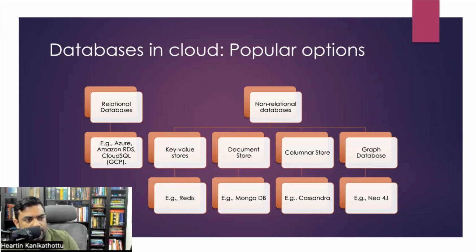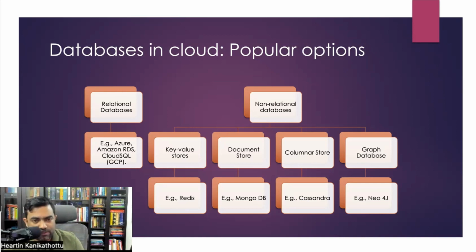In relational, attributes are generally represented by columns, right? So you cannot have different attributes for different rows or items. But with a document store, you can have different attributes for different items. MongoDB is a very popular example. And for columnar store, Cassandra is an example.